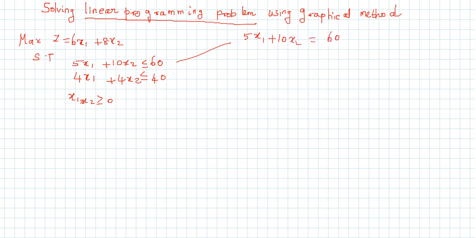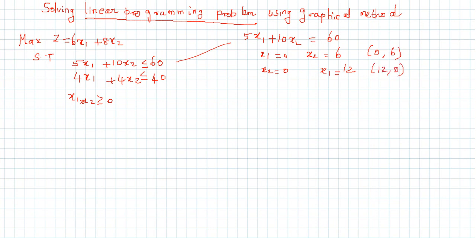To get the values, first apply x1 equal to 0: x2 is equal to 60 by 10, which is 6. When you apply x2 equal to 0, x1 is equal to 60 by 5, which is 12. So we get two points, (0, 6) and (12, 0).